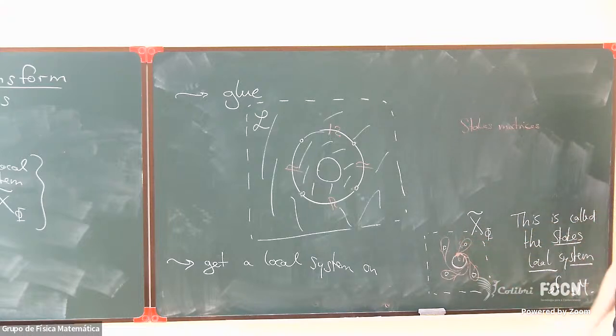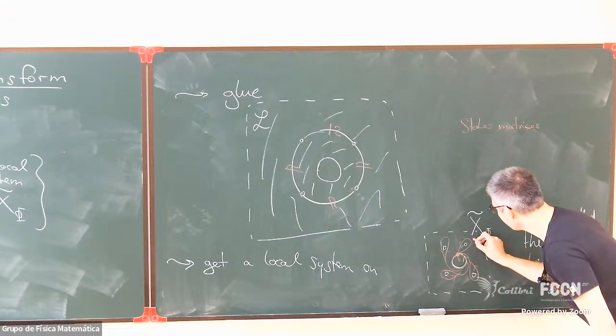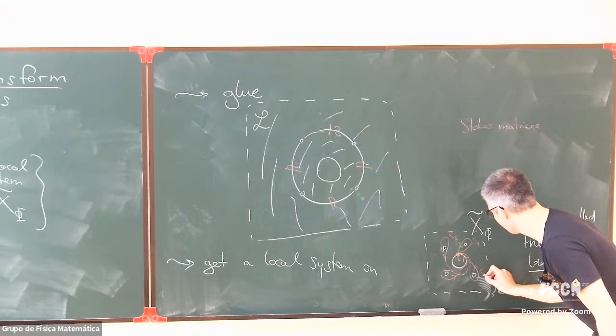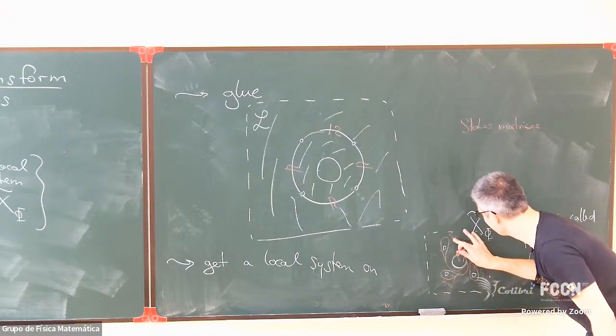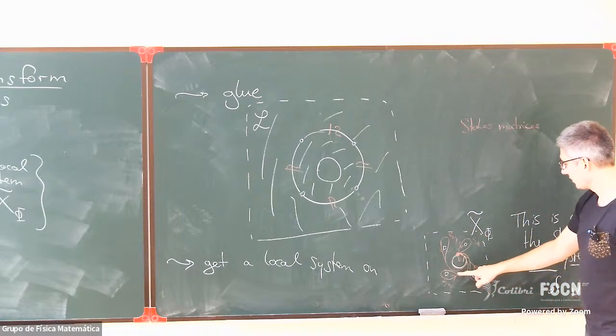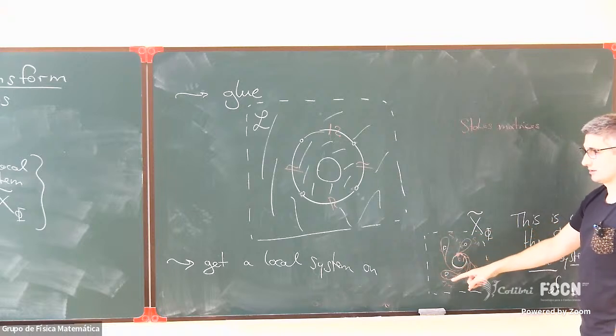This is the basis of the fundamental group. And for example, between S1, S2, S3, S4, the monodromies around these punctures are the Stokes matrices.